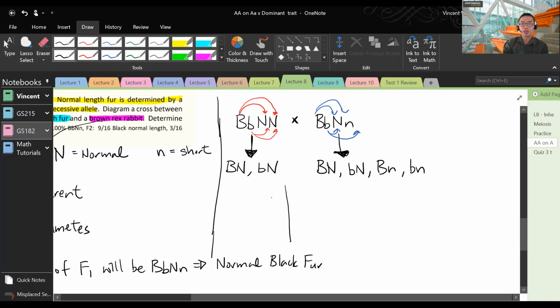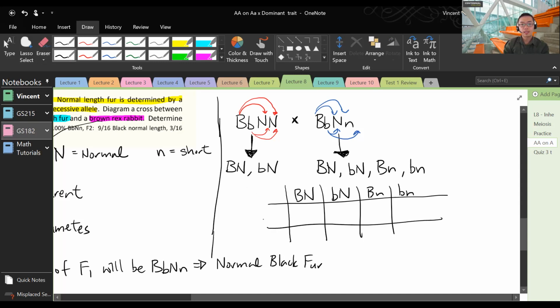So when I set up my chart, I am going to have four things here from this rabbit, and then two things here from this rabbit. So the number of columns and rows depends on how many different gametes we are generating.